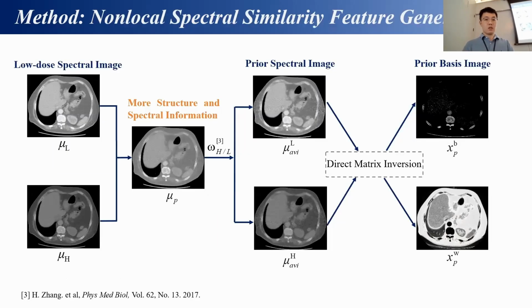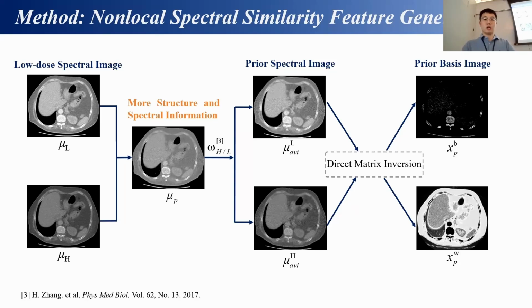To avoid that problem, this work considers using the abundant redundant information that comes from the structural similarity and spectral correlation between the dual energy CT images. We have the high and low energy images, and for the block centered on a certain pixel in the image to be reconstructed, we can find similar blocks within the corresponding range of the main image and construct non-local weights.